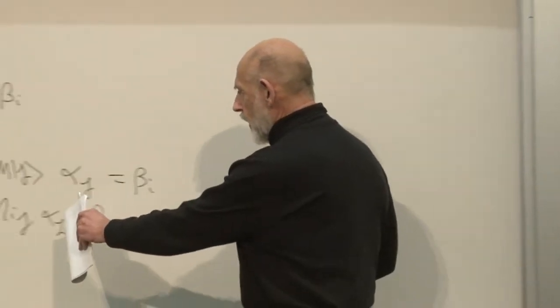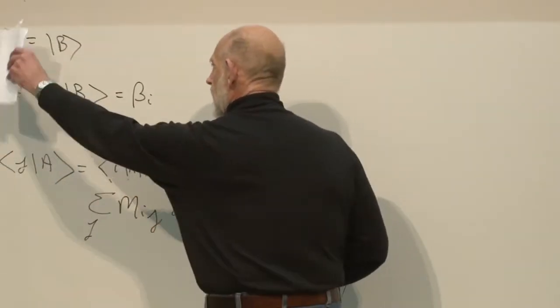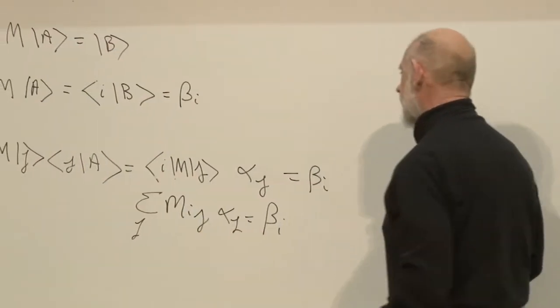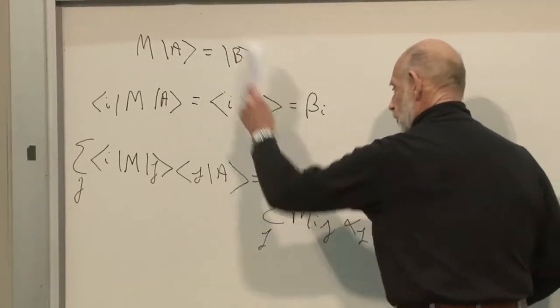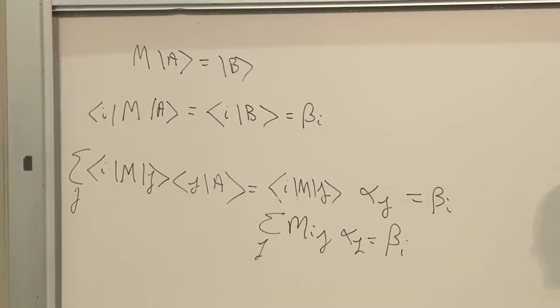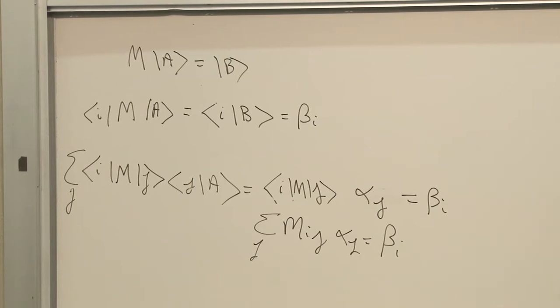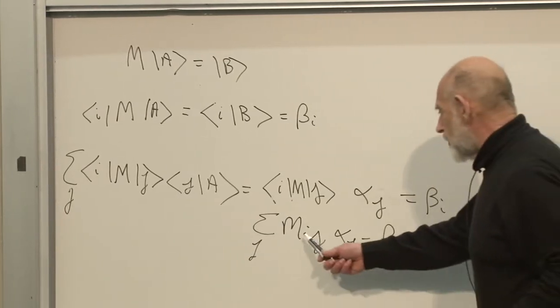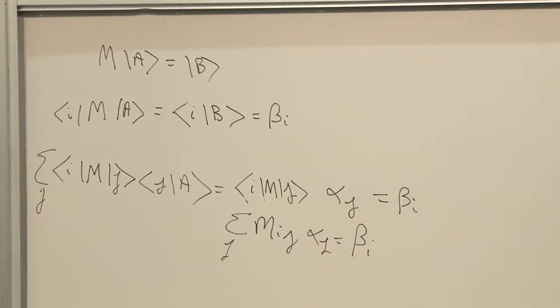All right, so another way to write the same thing, this is one way to write M times A equals B. Well, here's one way to write it, abstract. Here's another way to write it as a concrete sum. And the third way is to recognize that this is just the multiplication of a matrix times a column vector.